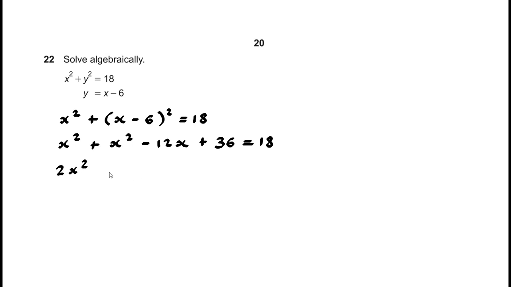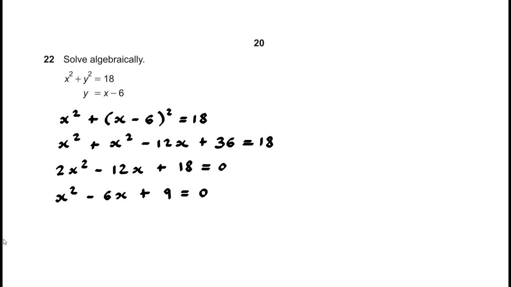So I've got 2x squared minus 12x, and then I add on 36, subtract 18, which is just 18. This is equal to 0, and if I divide by 2, I would have x squared, subtract 6x plus 9 equals 0. What we can see then is we've got a perfect square.